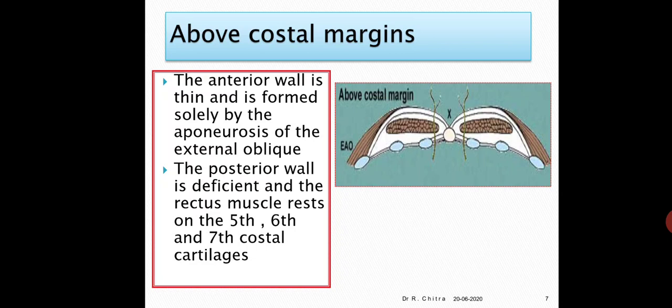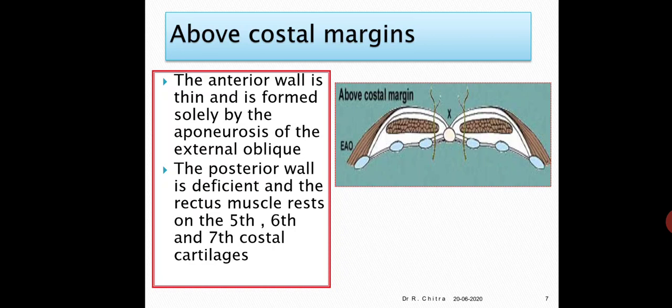So one way of learning this topic is learning anterior wall and posterior wall together at each level, or learning anterior wall and posterior wall separately for all the three levels. So now we are seeing this anterior wall and posterior wall at each level.